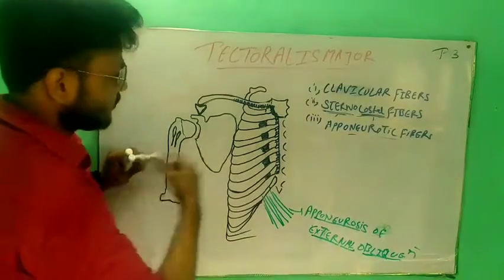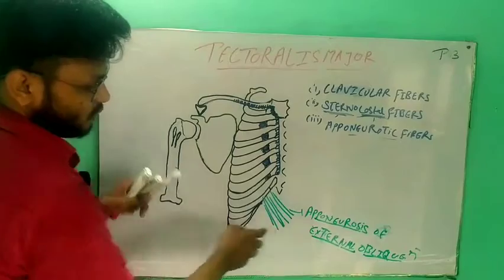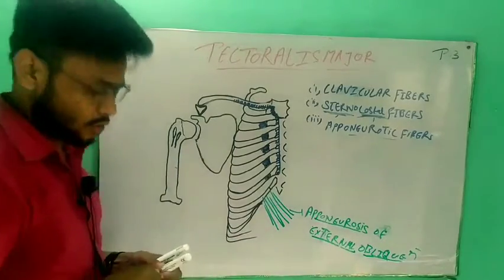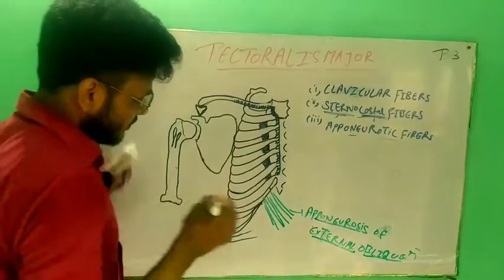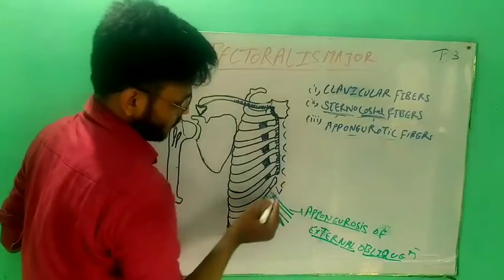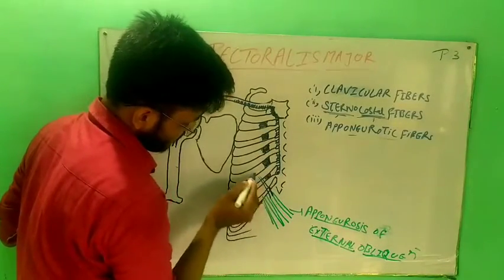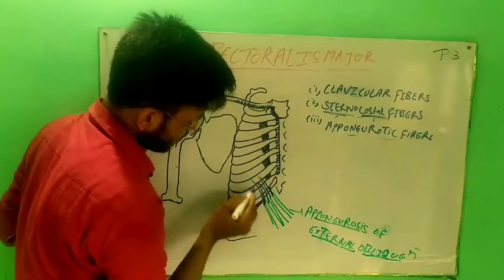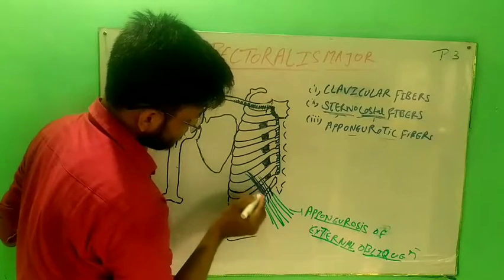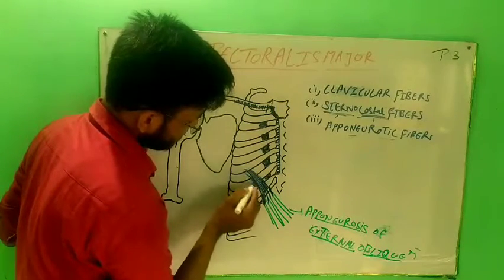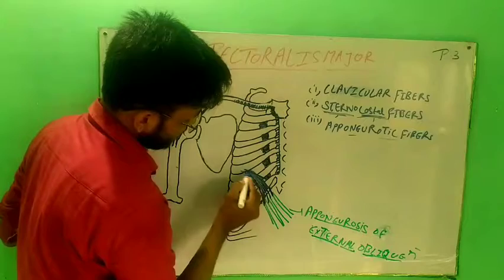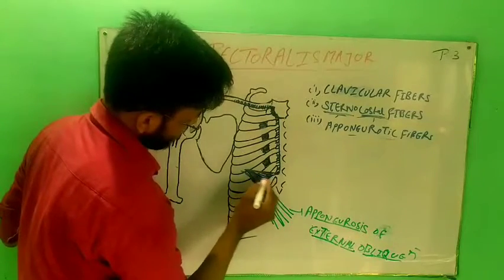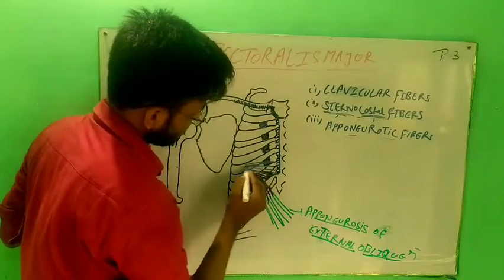Some fibers arise from the aponeurosis of the external oblique muscle. These fibers are called the aponeurotic fibers. These aponeurosis fibers and the sternocostal fibers are joined together.